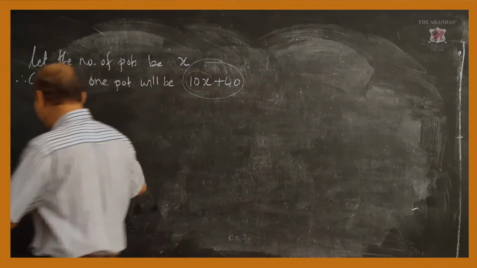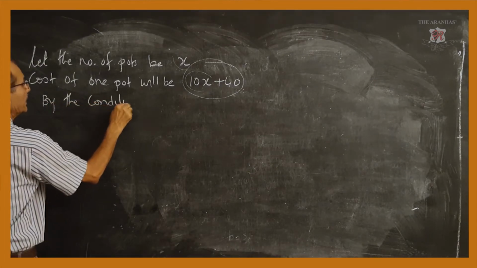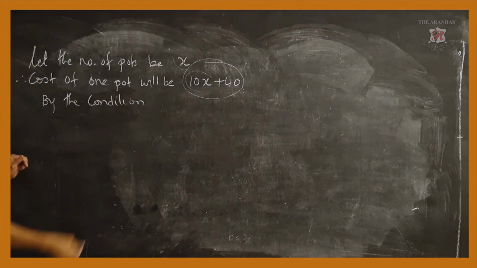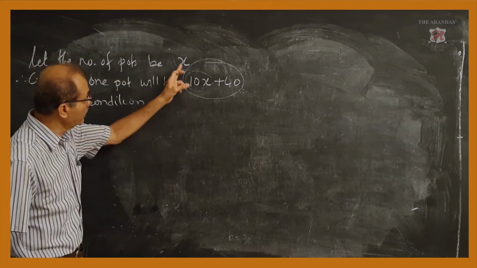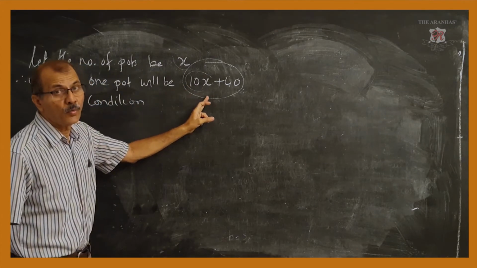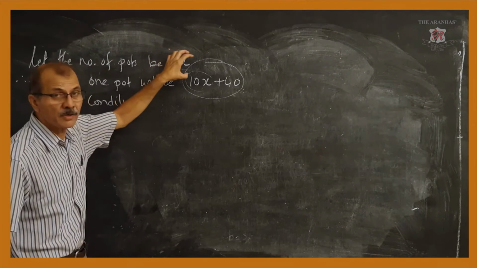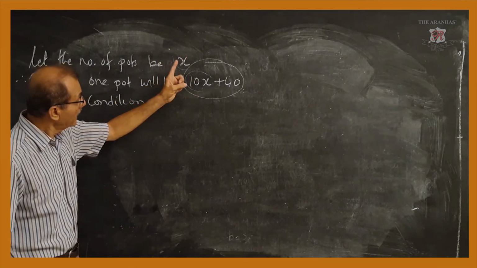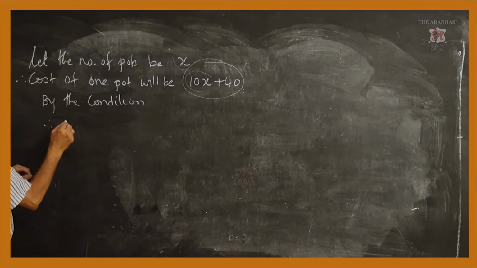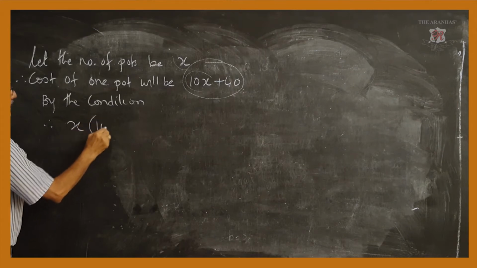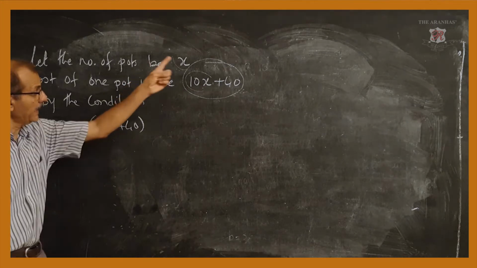So by the condition, total cost means number of pots into cost of one pot. The total cost of making x number of pots will be x into cost of one pot. Therefore, x into (10x plus 40) is the total cost.